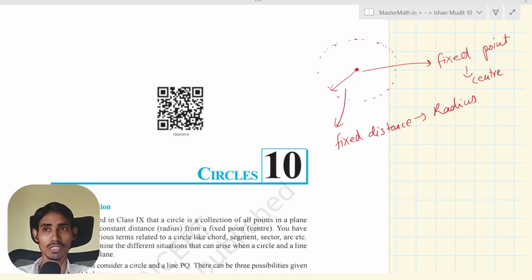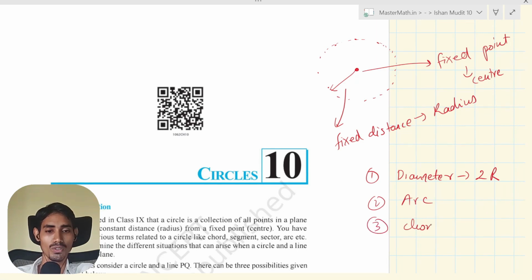Now there are a lot of small details, definitions that we need to revise, or in case you are hearing them for the first time, still we need to revise. So first thing is diameter. Diameter is twice the radius, so it's not at all difficult.